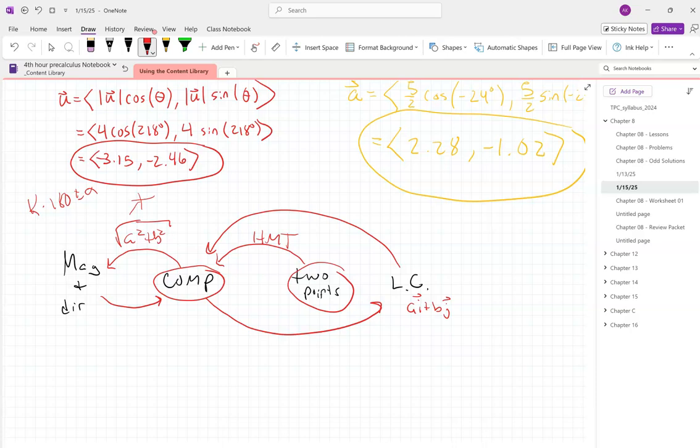Wait, so if it's going to magnitude and direction, is it always from the component form? Yeah, typically that's the central hub, anything you want to do is going to go through that, because everything is easier once you're in component form.